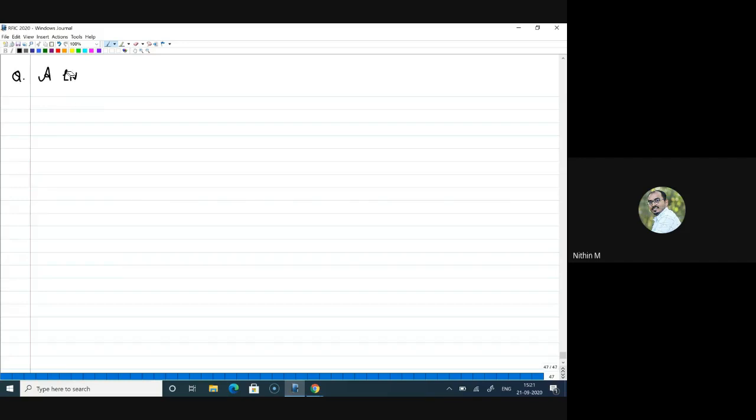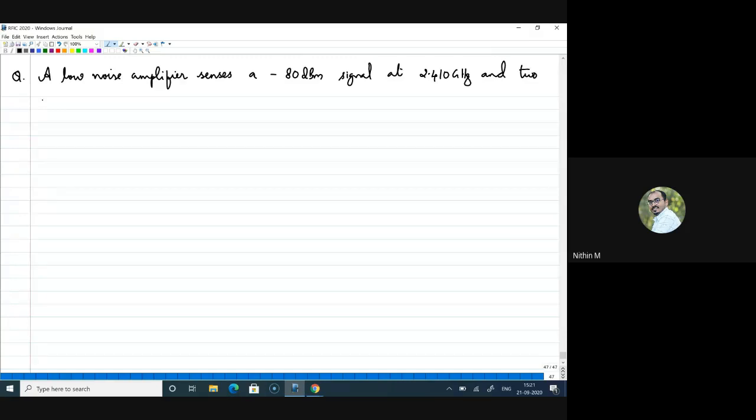A low noise amplifier is sensing a minus 80 dBm signal at 2.410 gigahertz, and minus 20 dBm interference at 2.420 gigahertz and 2.430 gigahertz.